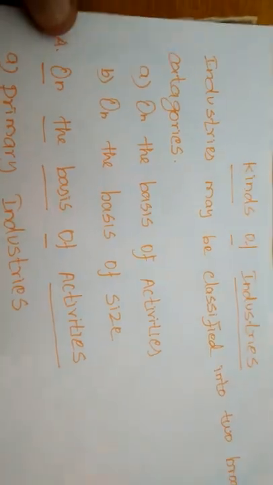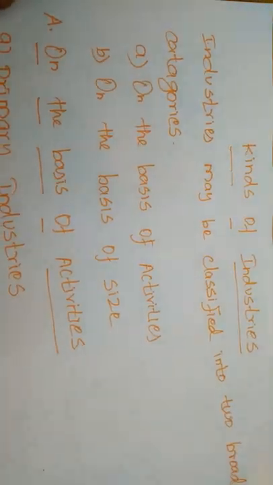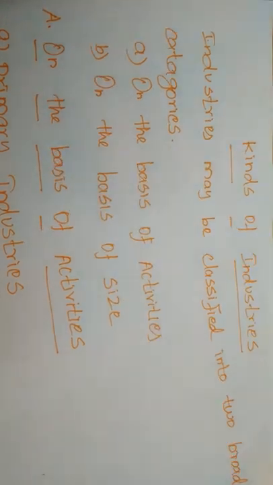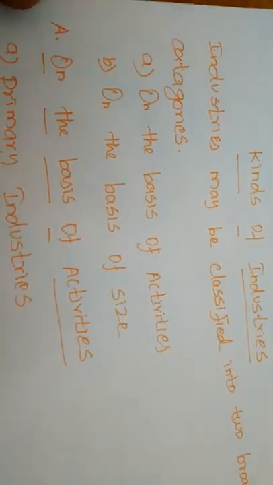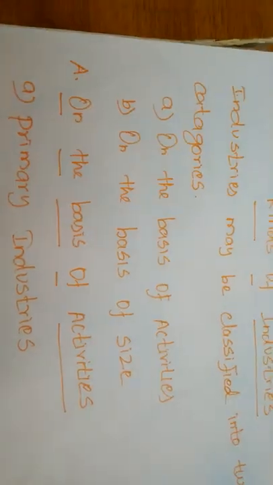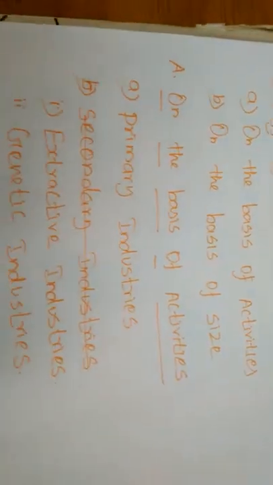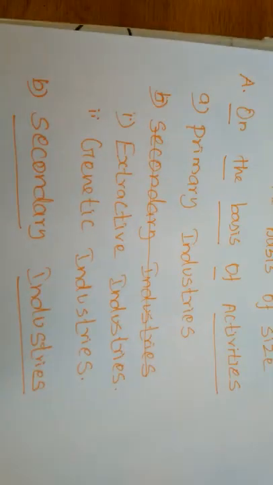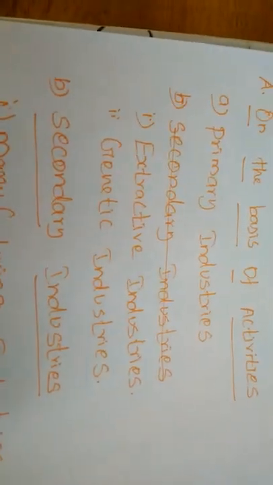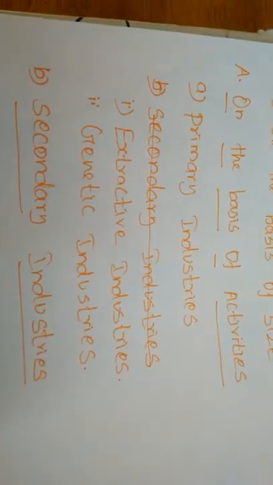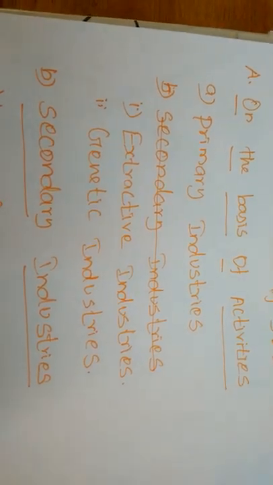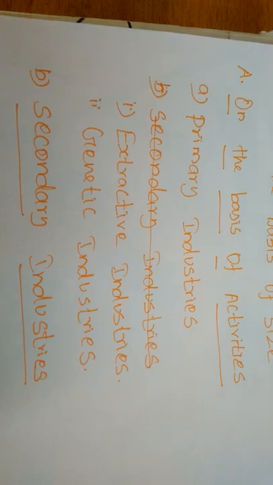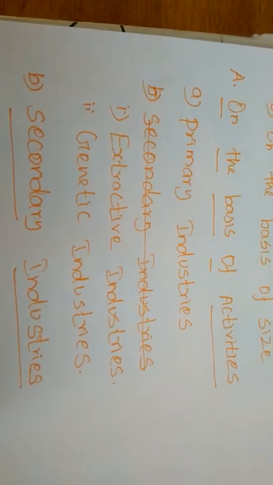First, on the basis of activities, we can classify them further into three types: primary industries, secondary industries, and tertiary industries.